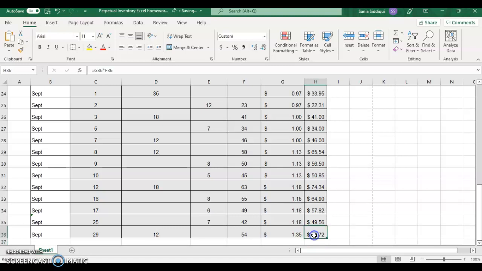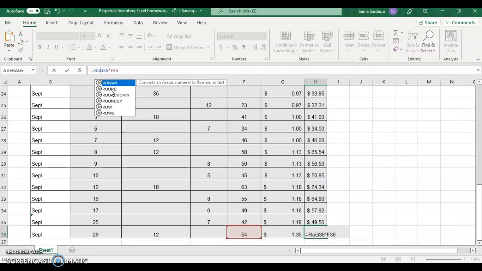Now again, we need to round this, so we'll double click on the cell, go into the formula bar, type in RO, double click Roundup.